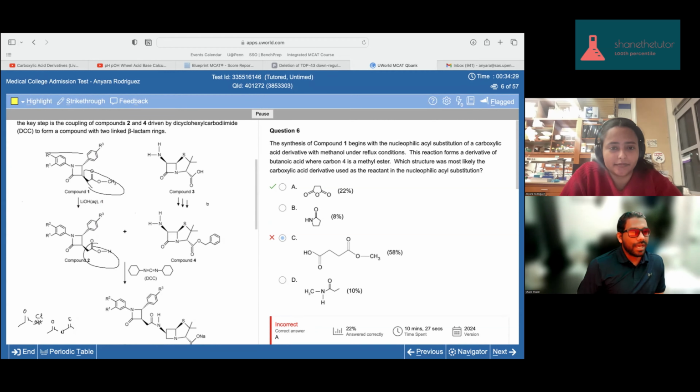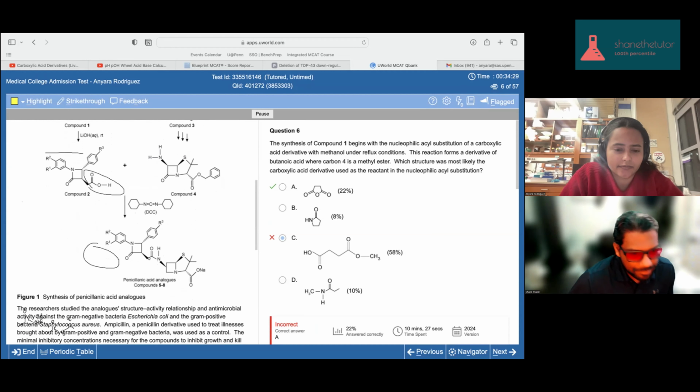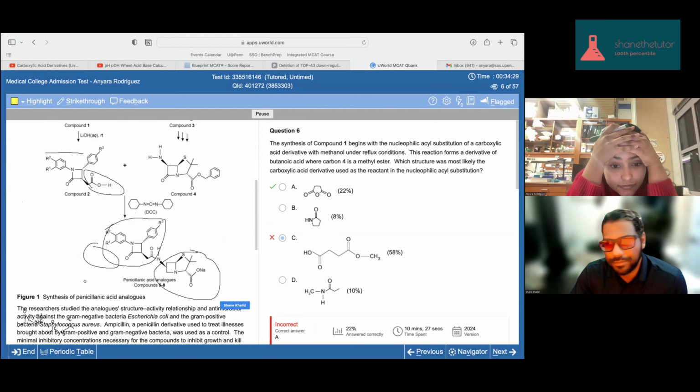And then when we add compound two and compound four with DCC, which they show us, we get this big monstrosity here with the compound two part here and the compound four part here.